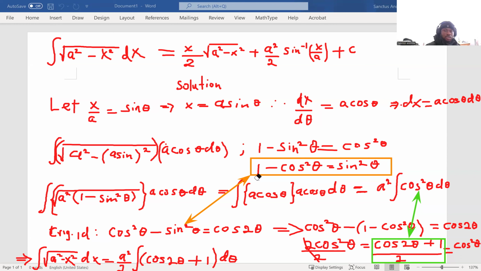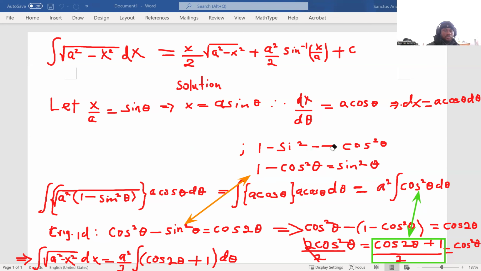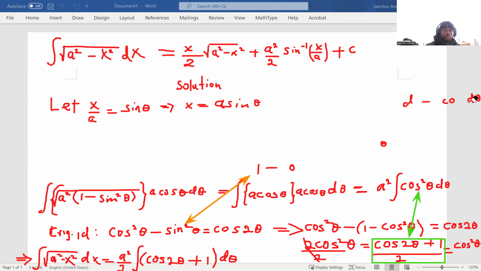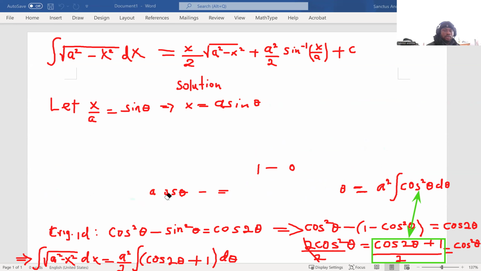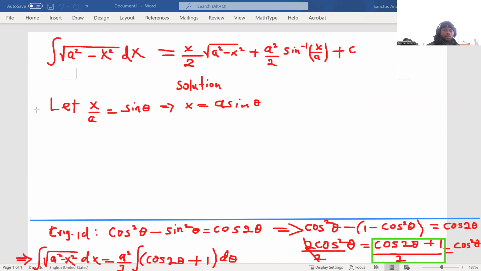Right now, we can now integrate. I hope we are following. Right, so we integrate.